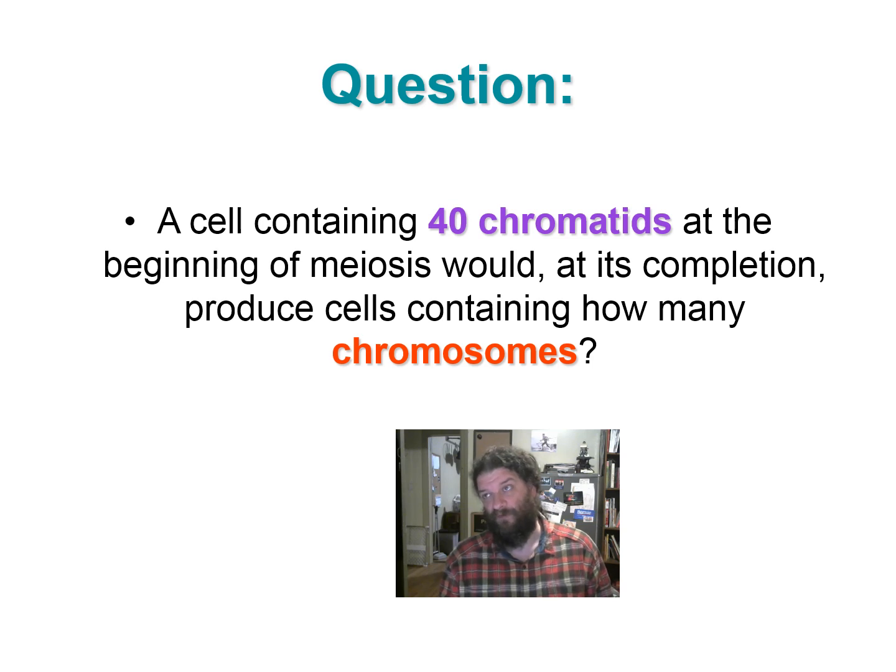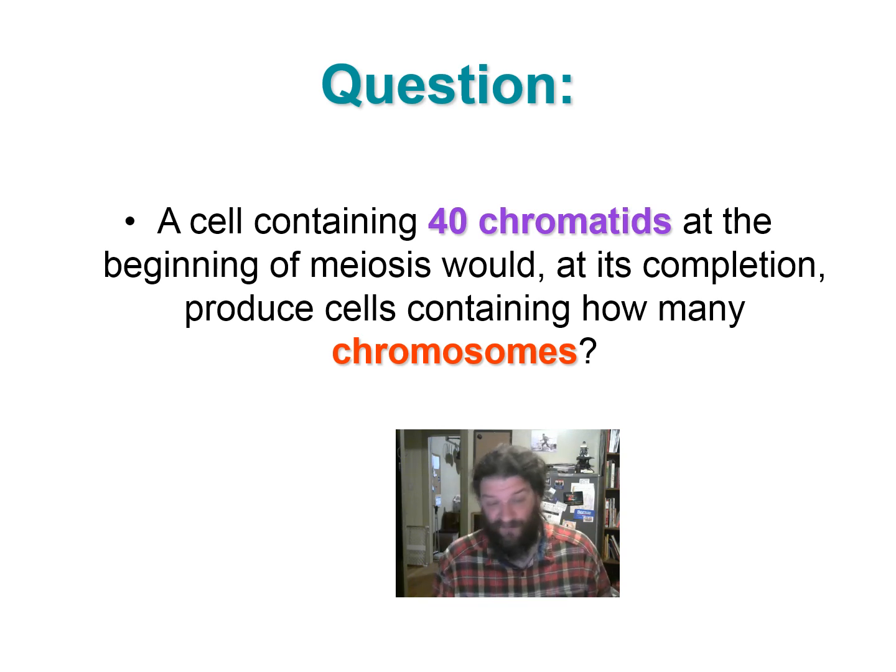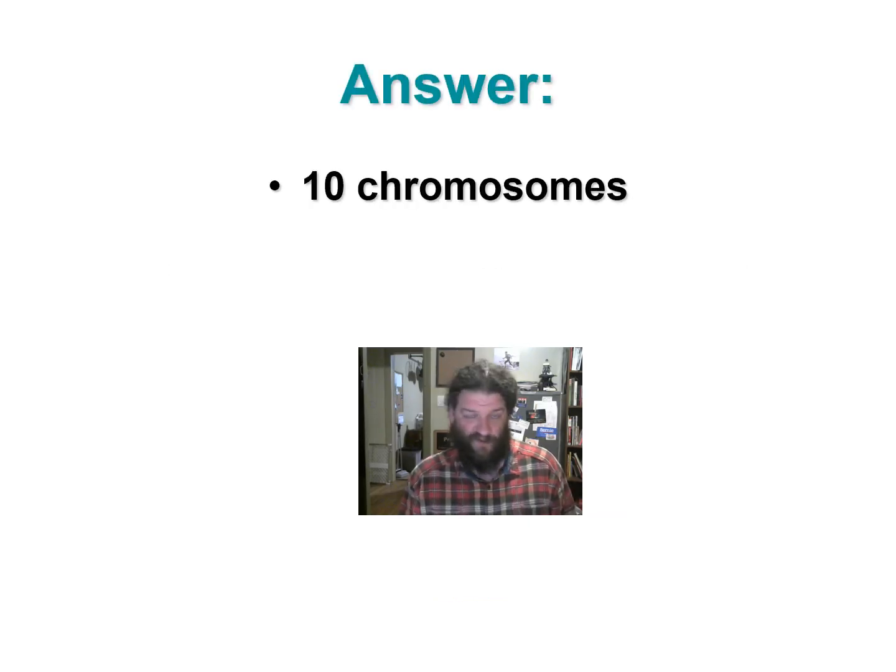You can pause it. All right. Well, it's important to know for this one that at the beginning of meiosis, all the chromosomes are doubled. So that 40 chromatids actually equals 20 chromosomes. So it's actually the same question as the previous. The answer, of course, is 10 chromosomes.